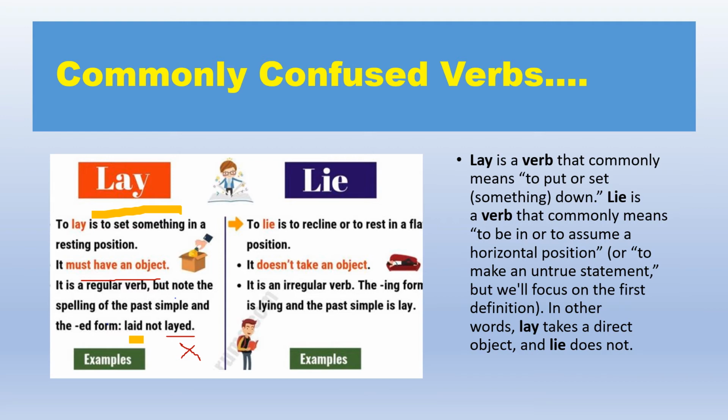So lay is a verb that commonly means to put something down, and lie is a verb that commonly means to be in or to assume a horizontal position. और इसमें एक और मीनिंग भी होता है lie का, to make an untrue statement, but we'll focus on the first definition, to lie as to recline or to rest in a flat position. And lay, as I told you, takes a direct object and lie does not.